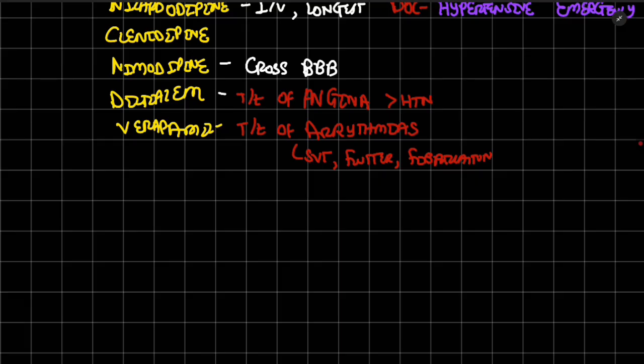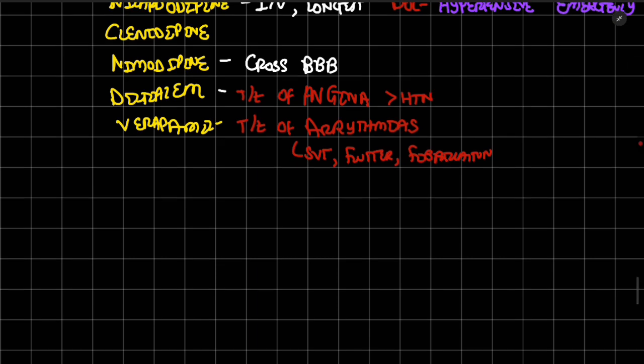Then also sometimes we can give verapamil in the treatment of migraine. Okay, it is an oral drug and it is a CYP3A4 inhibitor, so drug interactions are increased.